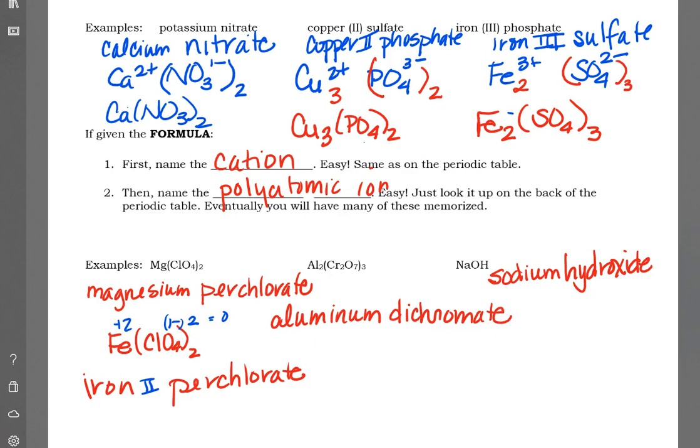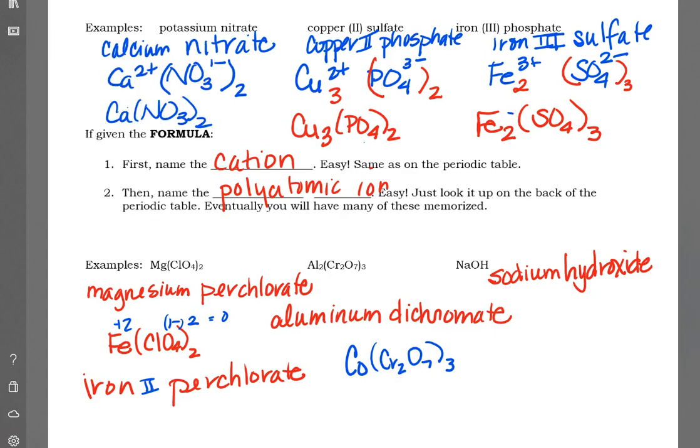If we change aluminum and switch him out for cobalt, once again, we have to do our detective work.